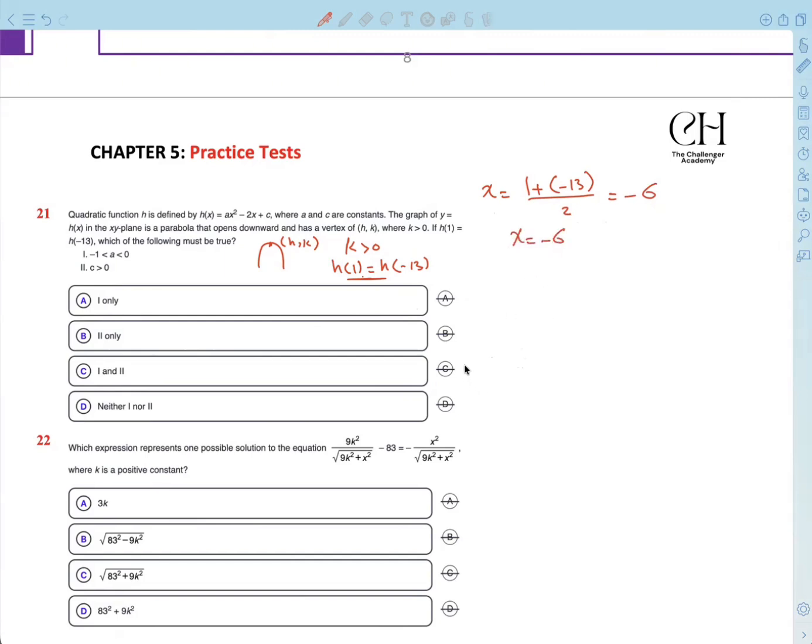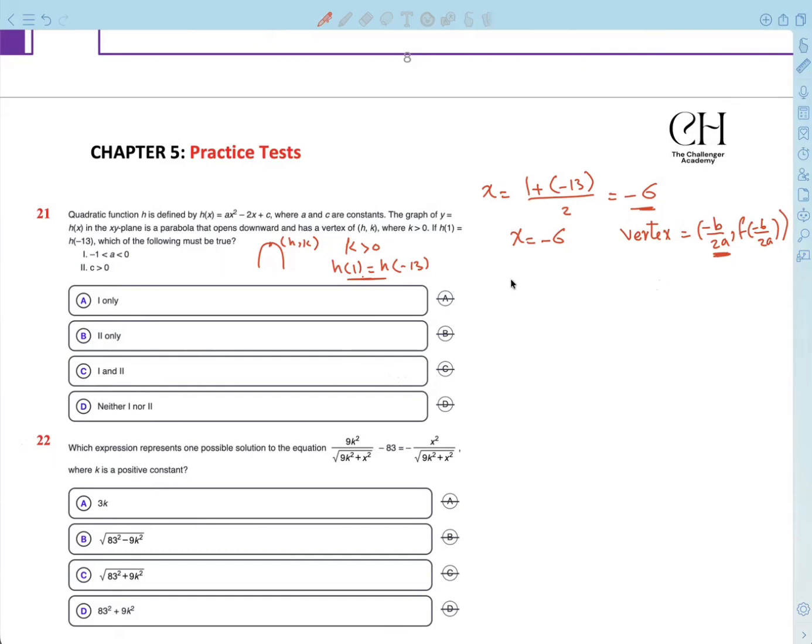With the axis of symmetry, we can find the coordinates of the vertex of the parabola. As you know, to find the vertex, it's negative b over 2a and f of negative b over 2a. This part represents the axis of symmetry of the parabola. We'll use this part, put it equal to negative 6, and check whether a is less than 0 or not.